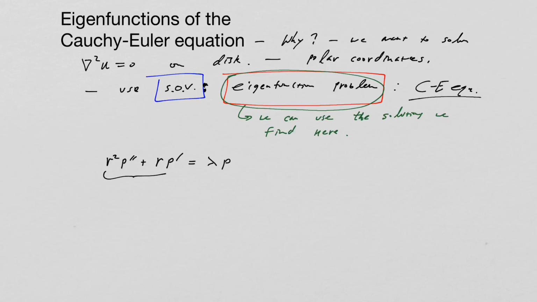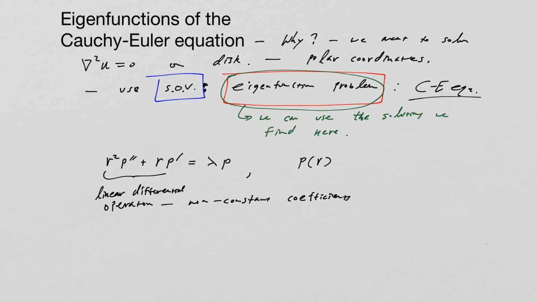Okay, so here this is a linear differential operator, but it has non-constant coefficients. Again, what we're saying here is that p is actually a function of r, right? So we're not using x as our variable, we're using r. And here we have these coefficients, r squared and r, which are non-constant.